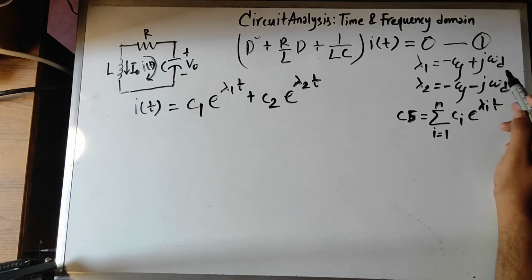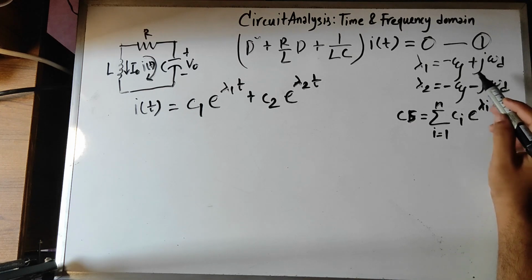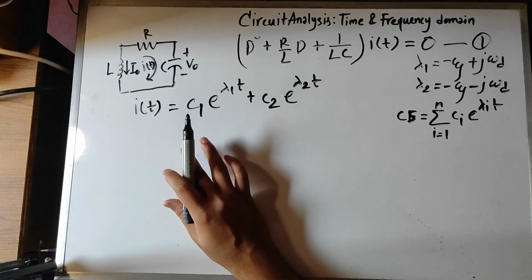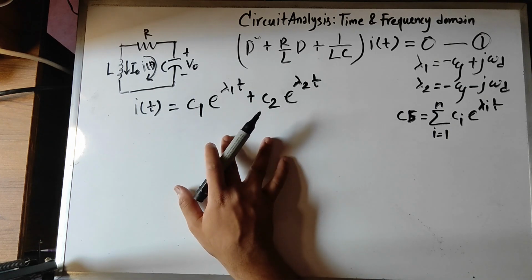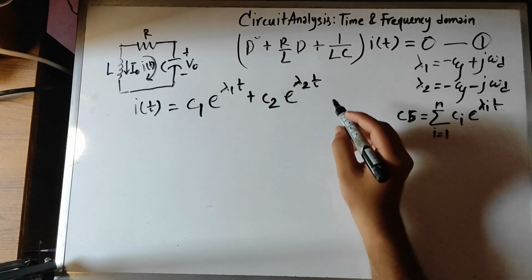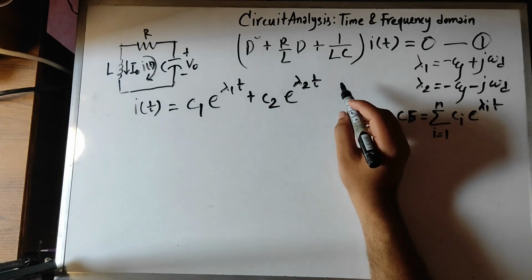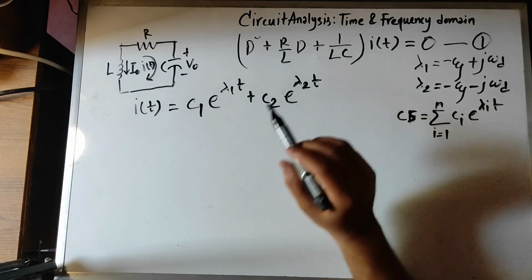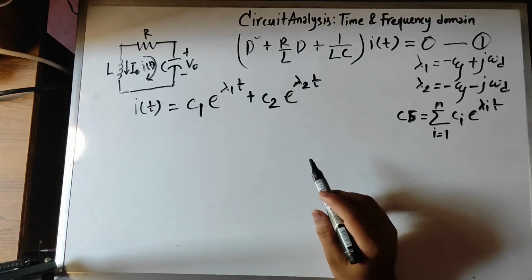We have found two roots, so the complementary solution will have two parts. This is the general response of the source free series RLC circuit.